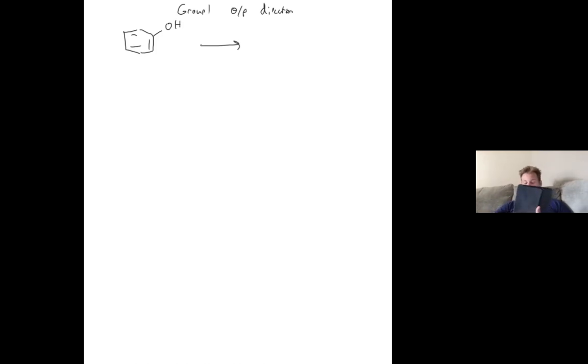In order to do this reaction, we're going to add in Br2 and FeBr3. It's going to form almost an identical complex to what AlCl3 formed.